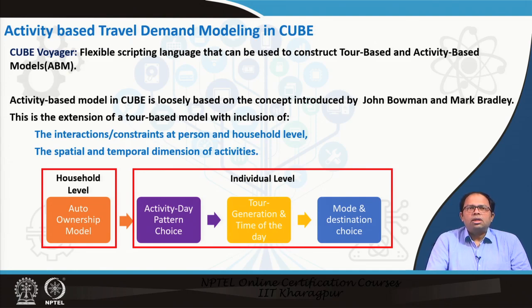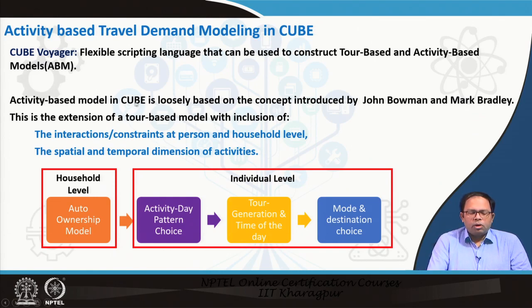The concept of the activity-based model we have already discussed earlier, where instead of modeling trips or even tours, we model what kind of activities an individual participates in, when the activity happens, where it is conducted, and how to support that activity. For example, at what time it will start, what time it will end, and how to organize the activities throughout the day. These are the primary tasks, and travel is a derived demand coming out of those activities.